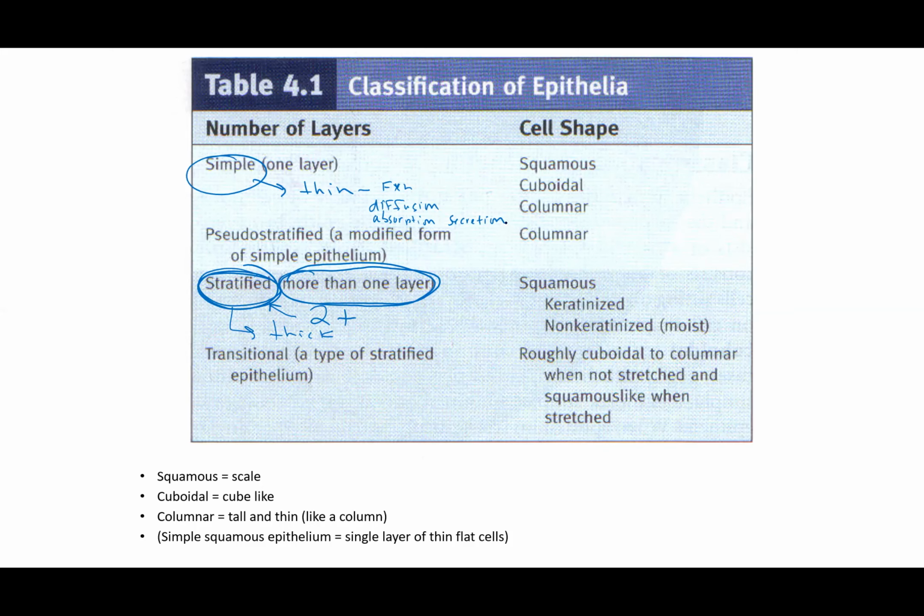And on the back side you would say it's good for diffusion, absorption, and secretion. It is very difficult for things to be absorbed through something that's very thick. Things do not like to diffuse through very thick tissue, so it has to be thin.